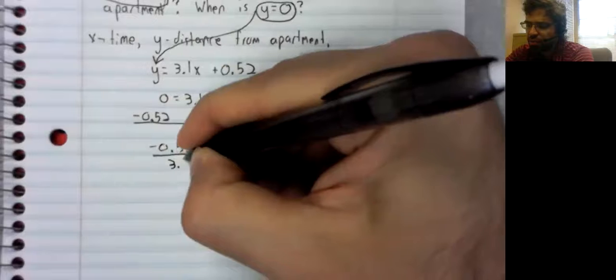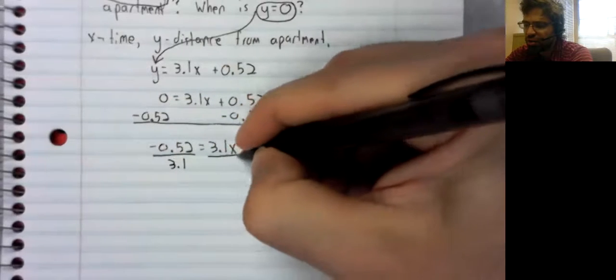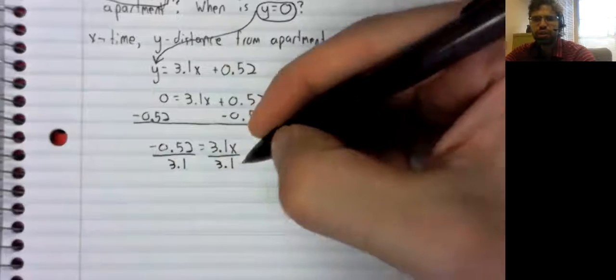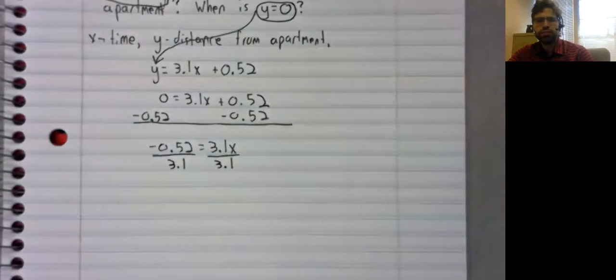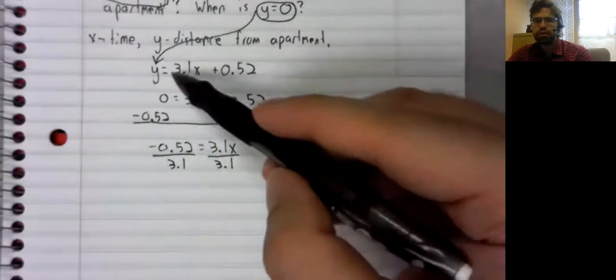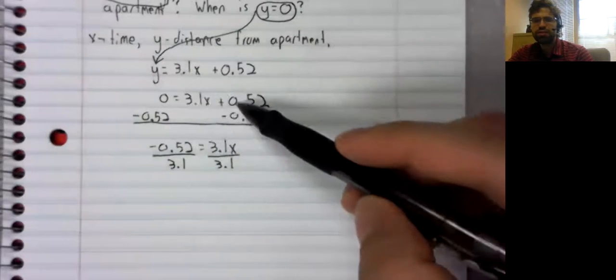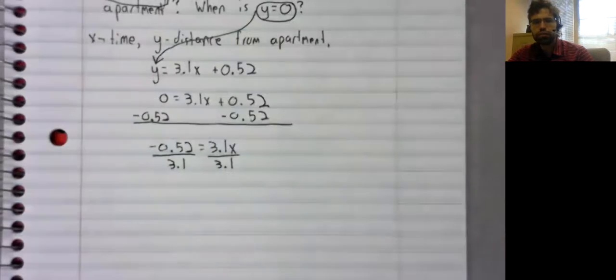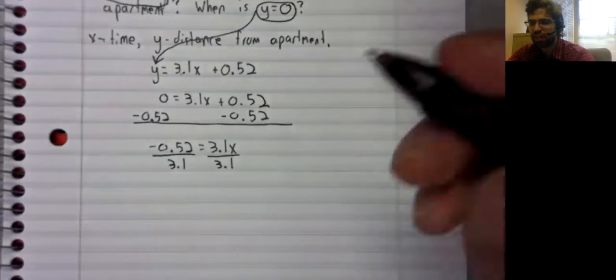Divide both sides of this equality by 3.1. Again, solving such equations as this is really prerequisite material, so I am moving through this a little fast, I understand.